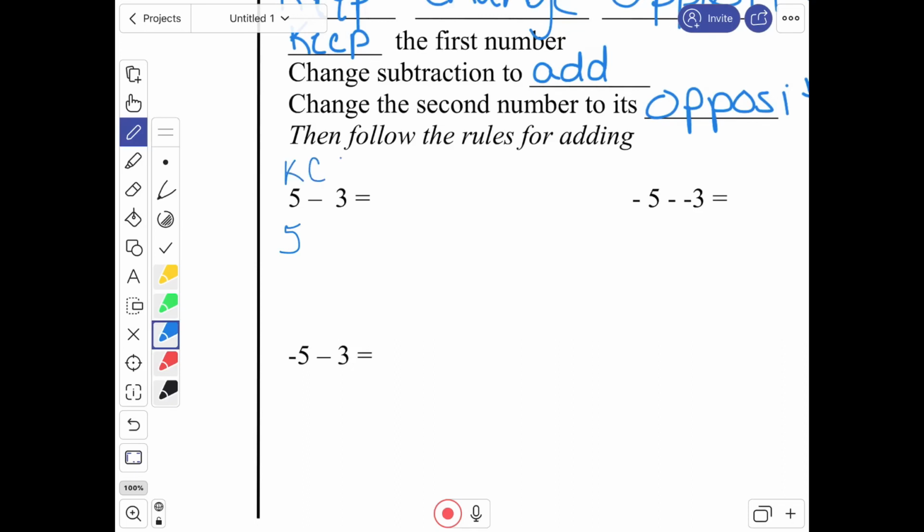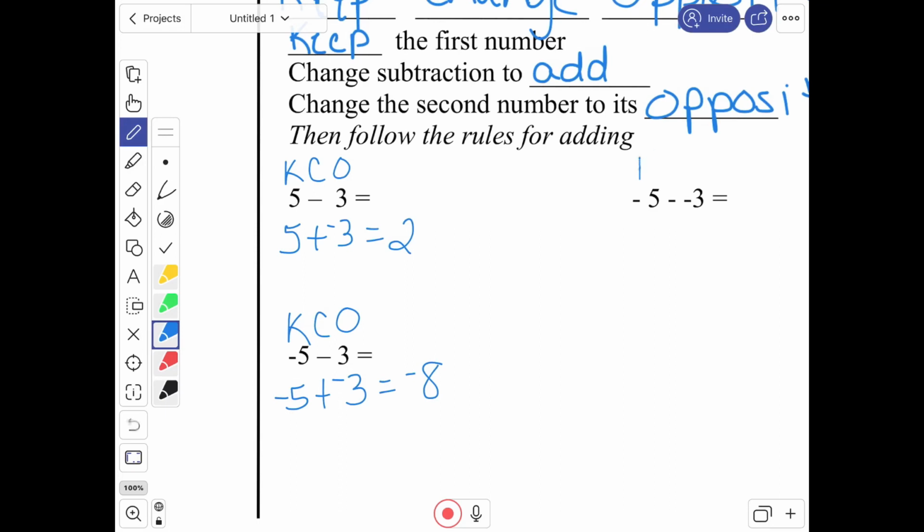Let's do some examples real quick. So 5, keep, change, opposite, plus negative 3. And then you follow the rules for addition. So that would be a positive 2. Let's do the one underneath. Negative 5, keep, change, opposite.